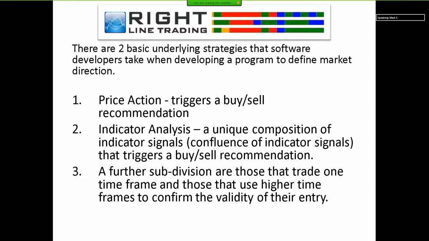There are just a few basic underlying strategies that software developers take when they look to develop a program to define market direction. Some people believe that price action is enough to trigger a buy and sell recommendation with a predictive value high enough to make you profitable.